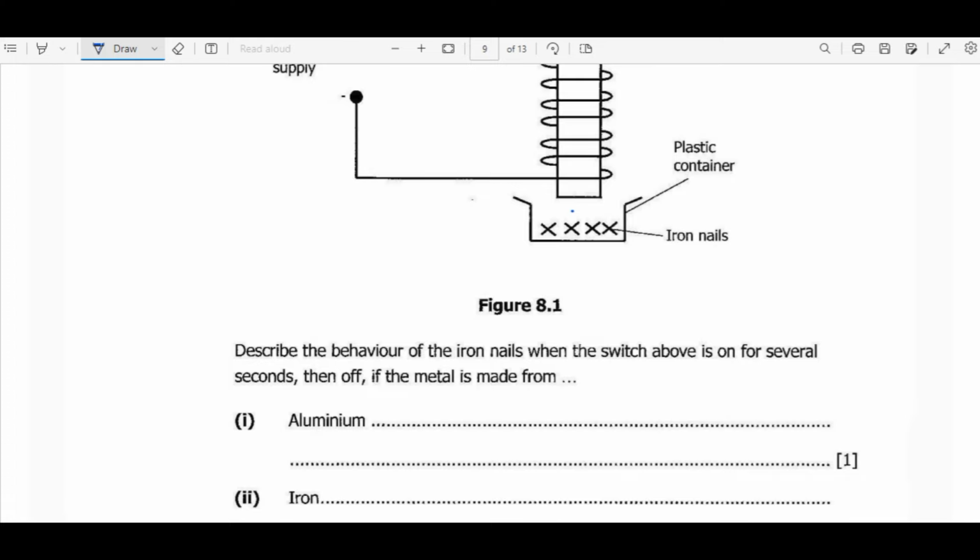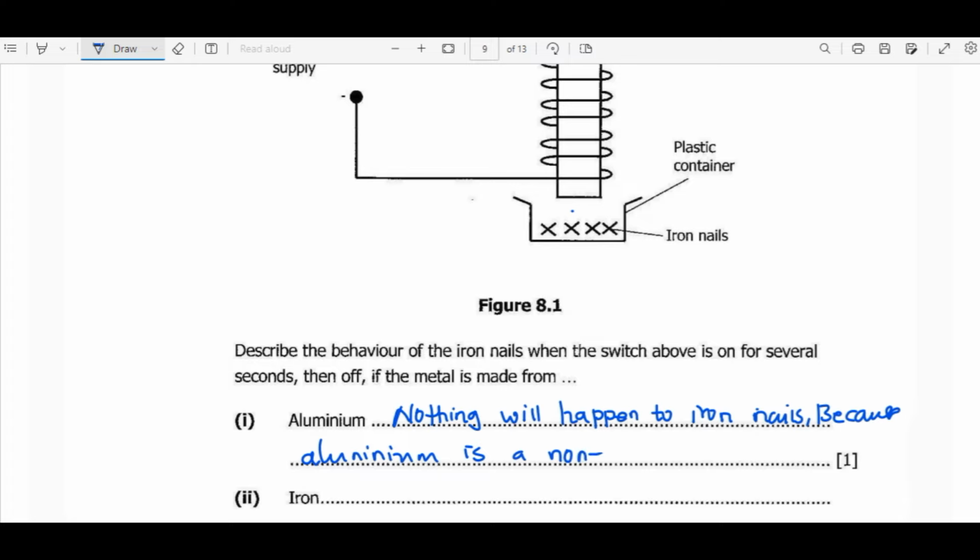So what will happen? Say nothing will happen to the iron nails, because aluminium is a non-magnetic material.